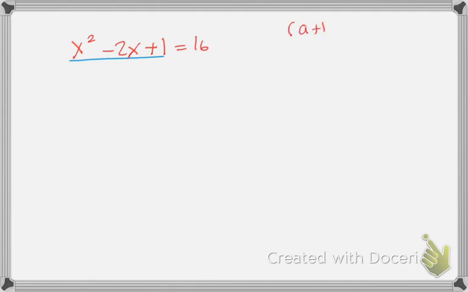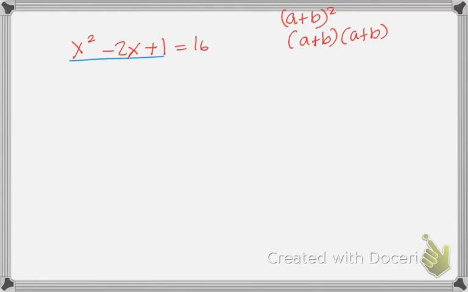This would be like a plus b times a plus b. Let's just start with a plus b squared. What that really means is a plus b times a plus b.